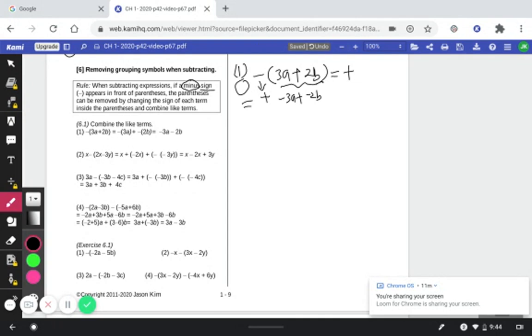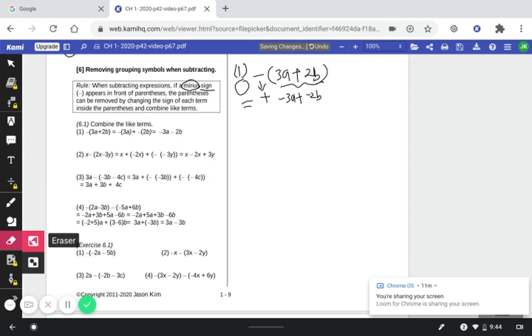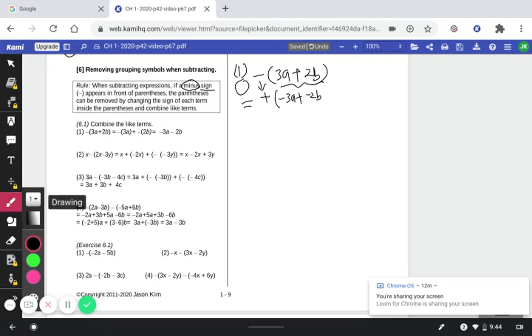So this negative with a quantity of 3a plus 2b becomes positive of negative 3a plus negative 2b. And then you remove the parentheses. So you end up with negative 3a minus 2b, because plus negative becomes minus.